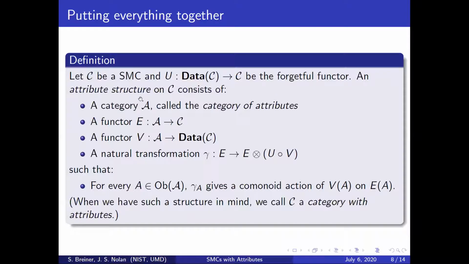And an attribute structure consists of a category of attributes, a functor sending, so each object in this category is going to be an attribute, and the morphisms govern how the attributes connect to each other. A functor sending each attribute to its underlying entity, and another functor sending each attribute to its underlying value, and a natural transformation connecting entities and tensor products of entities and values, such that each component of this natural transformation is a comonoid action.